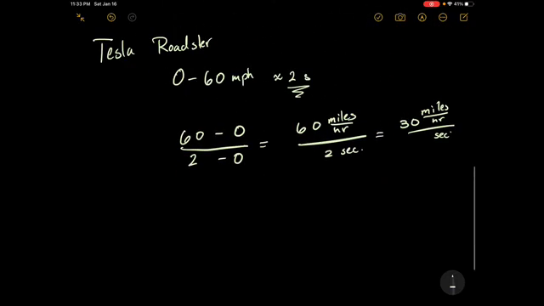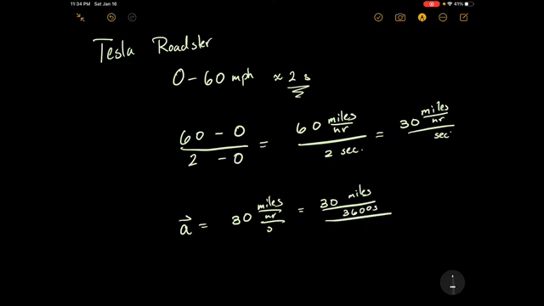So what is this in terms of maybe like miles per second squared or something? Well, miles per hour per second. I'm just going to write down S for seconds. Well, in 1 hour, we have 3,600 seconds. So this is the same thing as saying 30 miles per 3,600 seconds over a matter of 1 second.